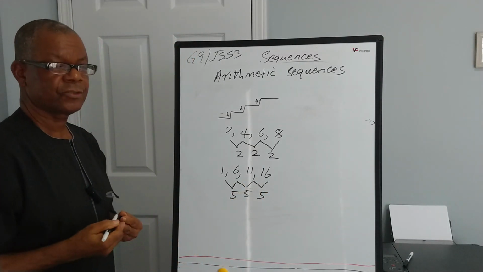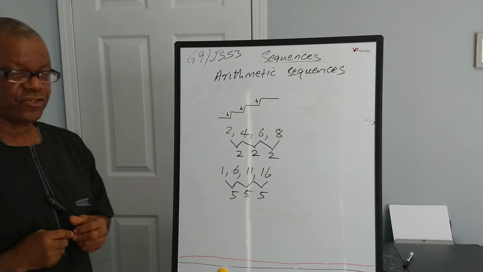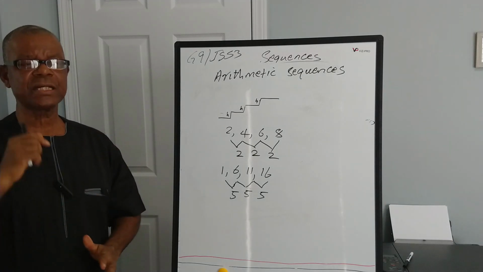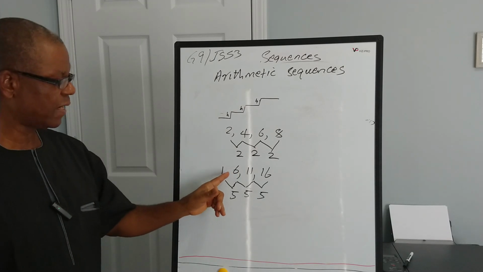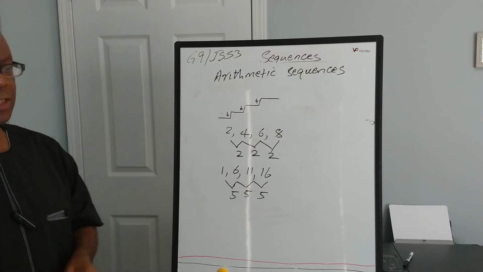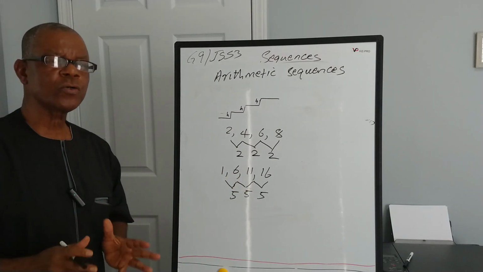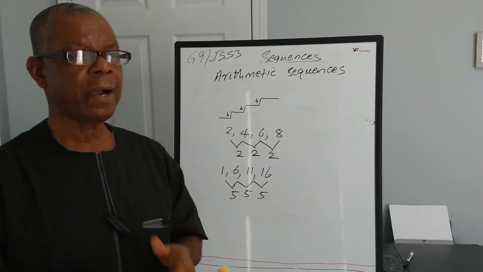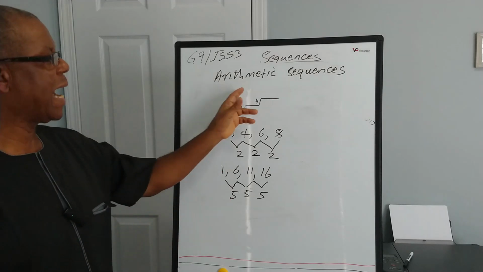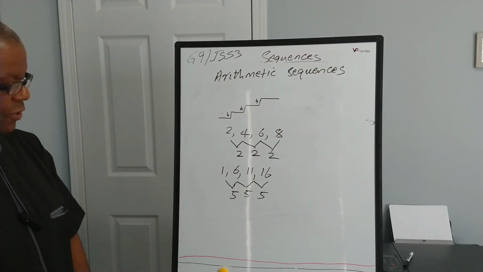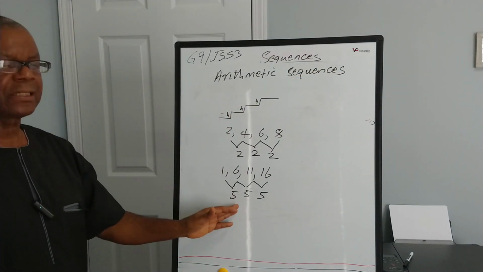So this is an arithmetic sequence because it increases in an equal step. This plus 5, this plus 5, this plus 5, an equal step. Those first examples, there were about 4 or 5 of them, belong to what we call arithmetic sequences because they increase by an equal step.